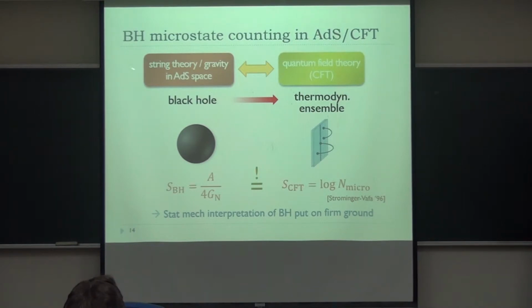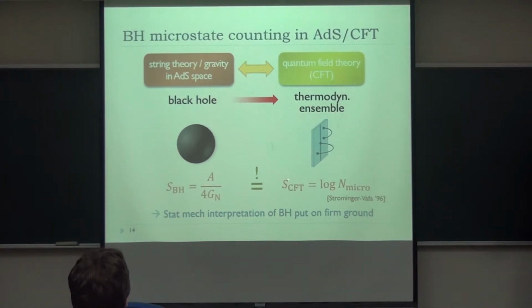If you have string theory gravity in AdS space, and you have a black hole in this, then this is supposed to correspond to a thermodynamical ensemble on the QFT side. And a thermodynamical ensemble in QFT is a real simple thing. So you can just compute the entropy by counting the microstates.